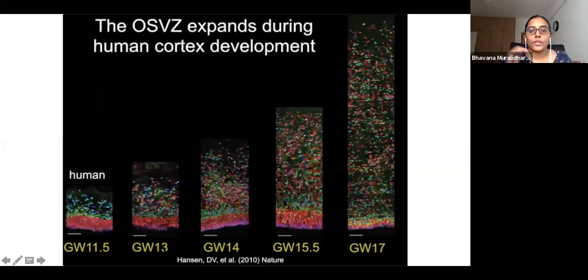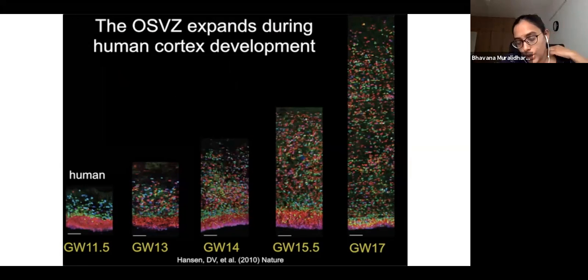Yeah, so I wanted to show you that video just to tell you that, of the many differences, one of the first differences is the fact that there exists this expanded OSVZ, and not just the expanded OSVZ, but the ORGs, or the progenitors of the OSVZ, are different from the apical radial glia. The markers are different, of course, but the kind of movement their nucleus shows is different.